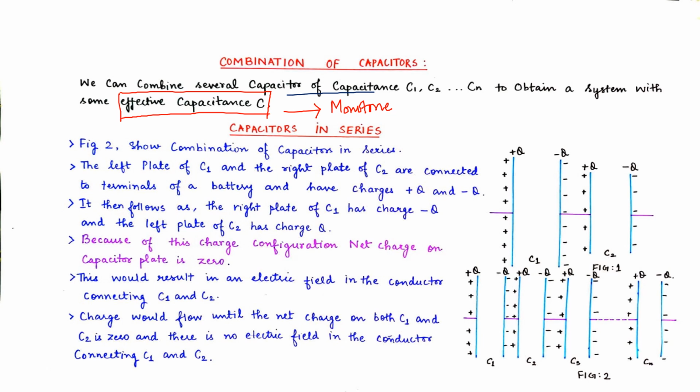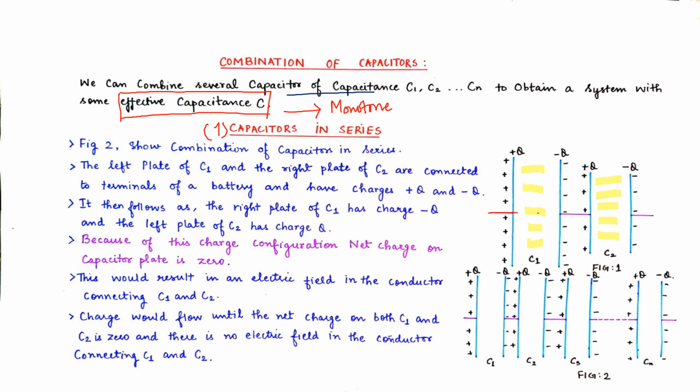So capacitors in series is the first subpart of combination of capacitors. Here, as you can see in the diagram, this is a capacitor C1. This is another capacitor C2. Both are connected in a single line.